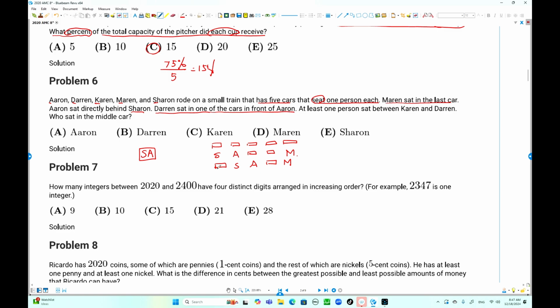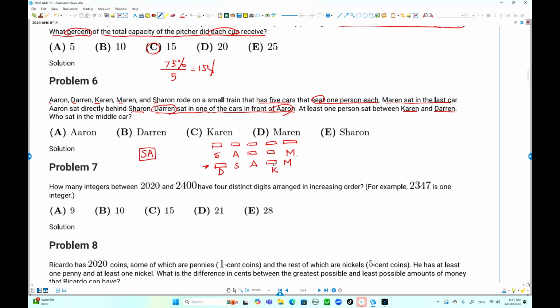In front of Aaron, only this one, okay? In front of it, there's no more empty seat. Okay, at least one person sat between Karen and Darren. Okay, so Darren is in front of Aaron, right? So Darren is over here, Karen is over here.